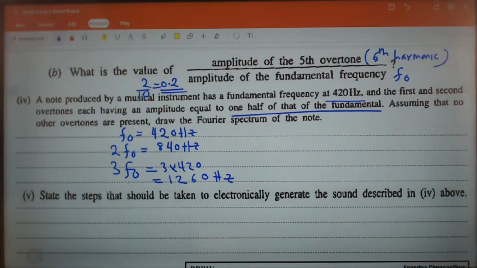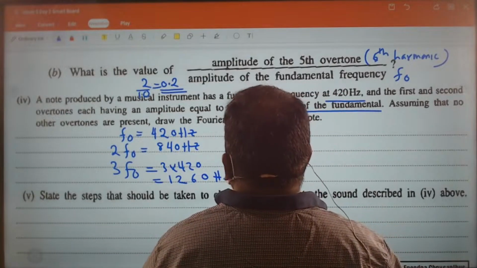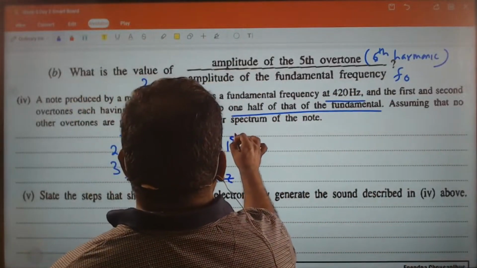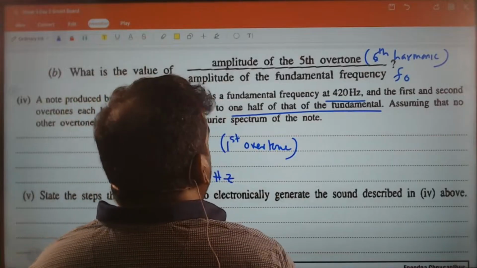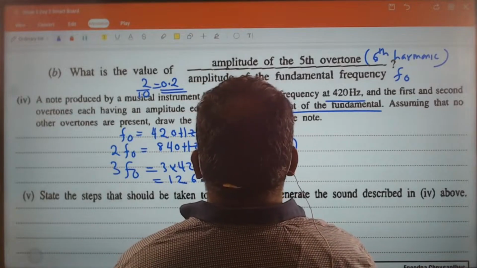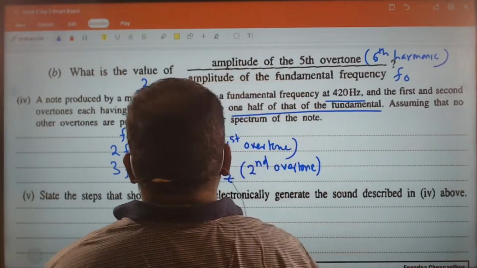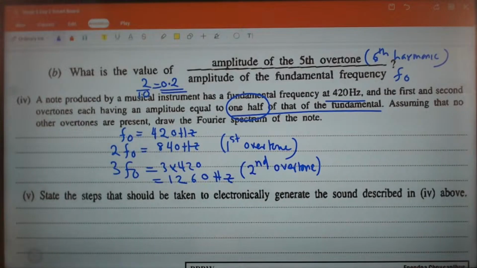Carefully look at this. So, 420 Hertz. They are telling us the first overtone and the second overtone present have 1/2 of the fundamental amplitude. So the amplitudes are 1/2, that means A over 2.